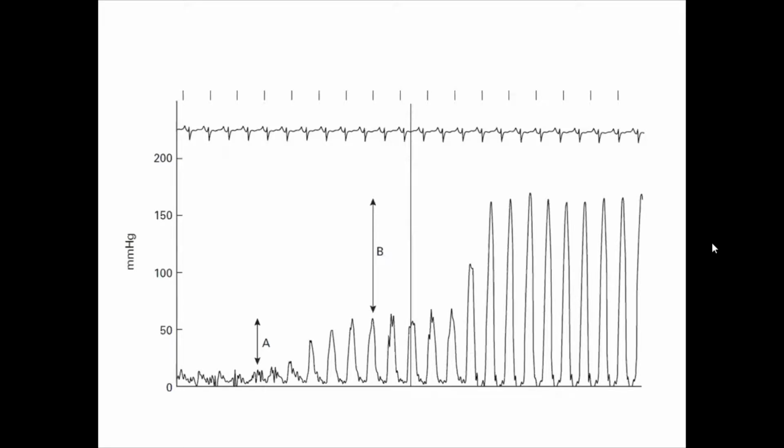This is most likely a Swan-Ganz catheter. From where? From the RA to the RV, and then to the pulmonary artery, with an ECG. Pulmonary artery. Or, of course, it could be the opposite, a pullback. This is the pulmonary capillary wedge pressure.